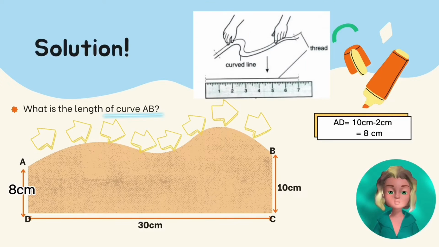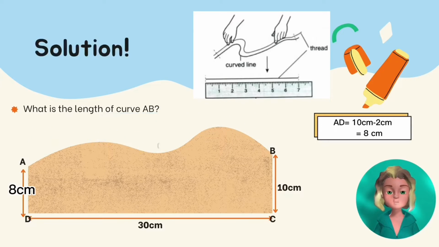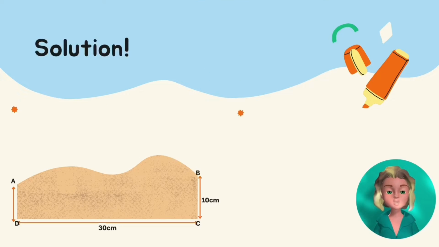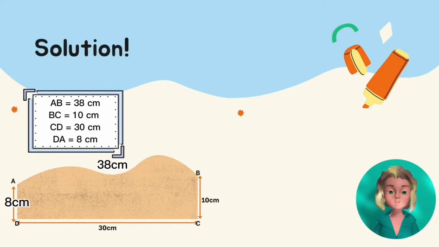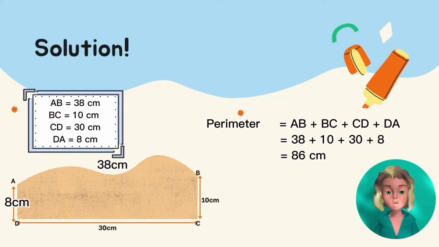By using the thread, we find the exact measurement by putting the thread onto the ruler. Hence, the curved length obtained is 38 cm. Lastly, sum up all the lengths. We have AB, which is 38 cm, BC 10 cm, CD 30 cm, and DA 8 cm. In total, we get 86 cm.